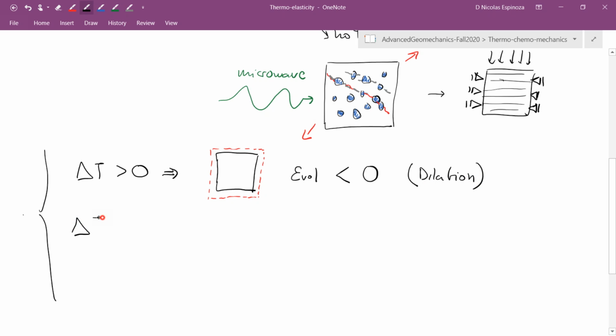If we have a drop of temperature, in which temperature decreases, then what we would expect is that the solid is going to shrink with time. And we're going to say that that produces a contraction or a positive volumetric strain.